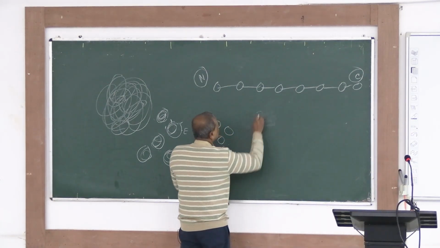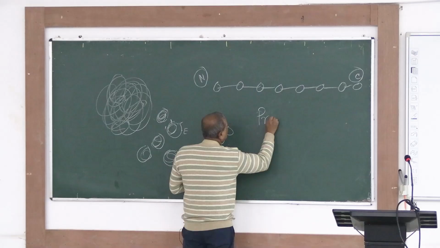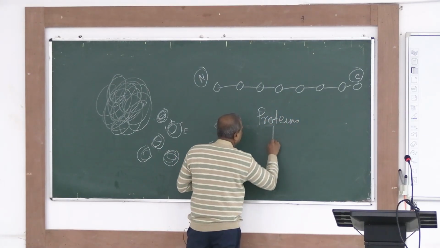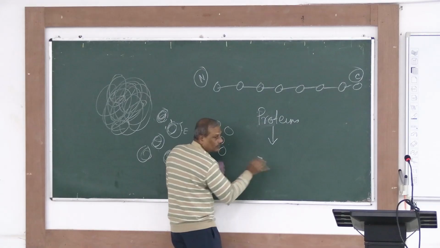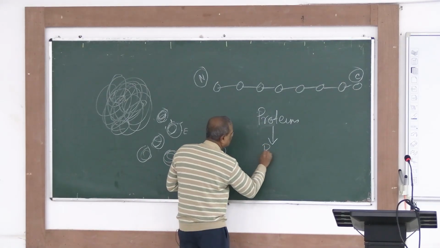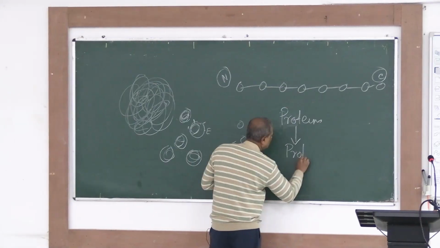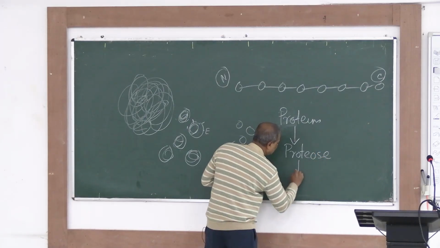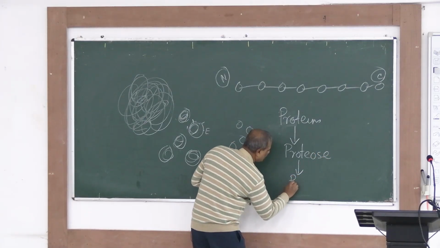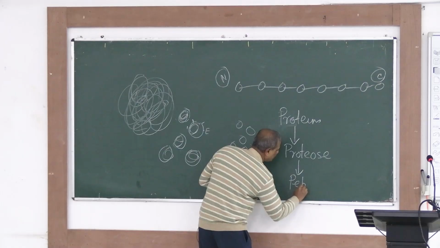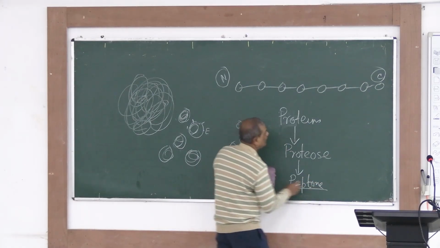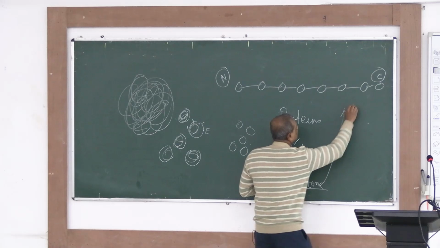Protein is a large molecule. When it is broken down into smaller parts, that is called proteose, and then if it is cut further down, it is called peptone, and then from peptone there is a polypeptide.